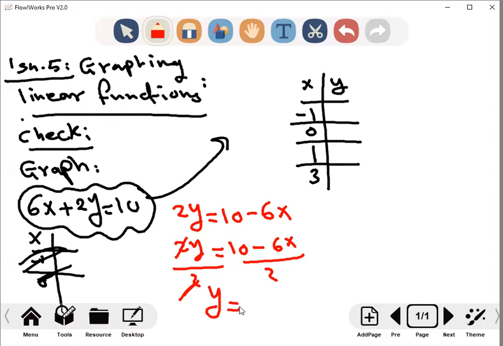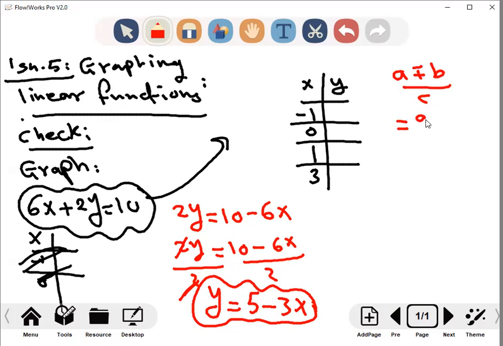Now simplify: 10 divided by 2 minus 6 divided by 2. Don't forget that (a plus or minus b) over c is the same as a over c plus or minus b over c. We call it distributing the numerator on the denominator. Okay? Fine. Now I have y. y is 5 minus 3x.